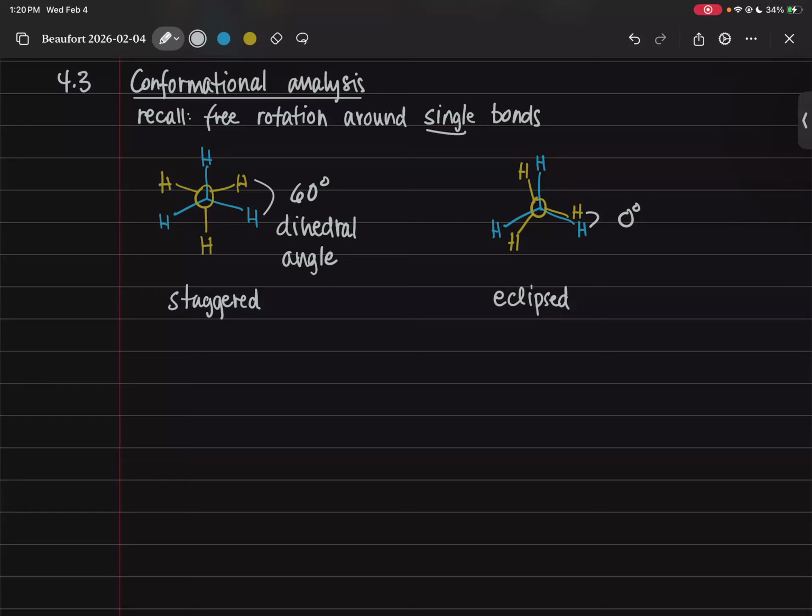And so in a staggered conformation, there's a little bit more distance between all of the substituents, and I think that's seen very clearly in the Newman projections. And so because of that, the staggered conformation is lower in energy than the eclipsed conformation.